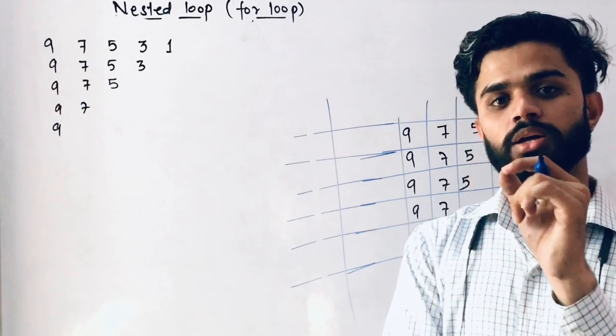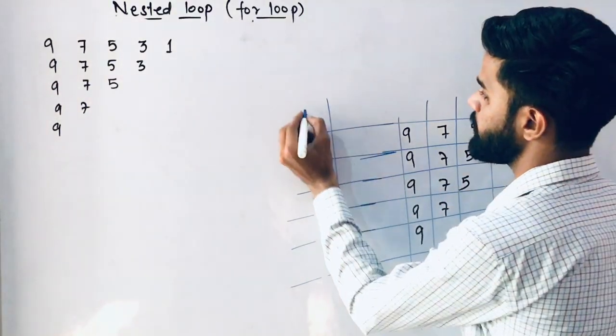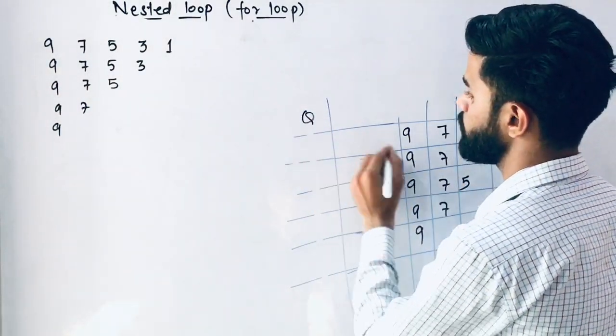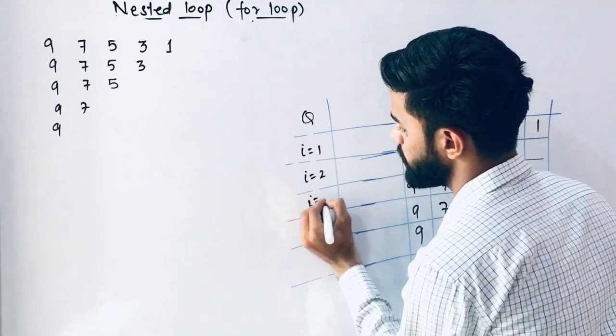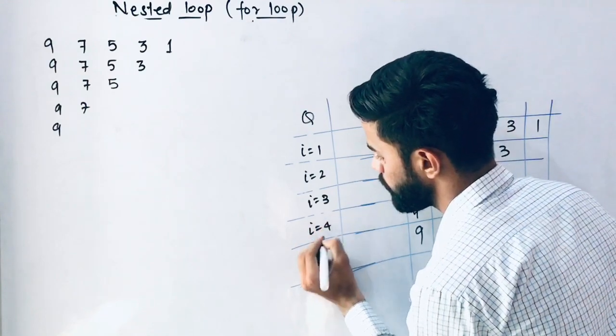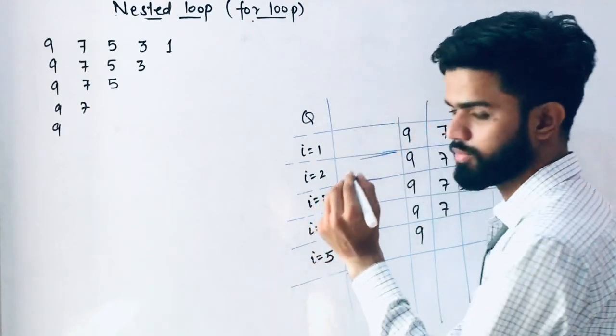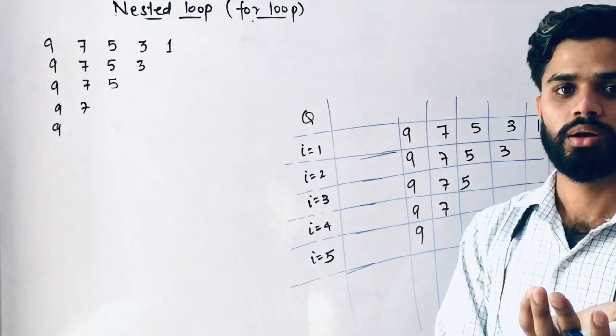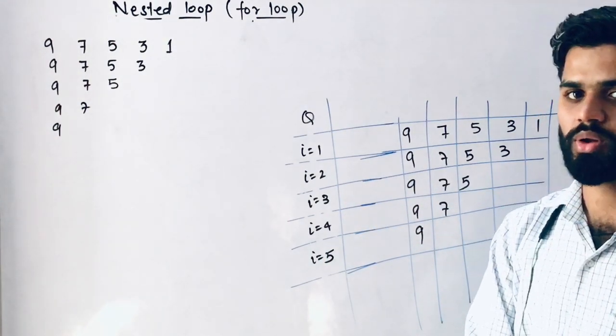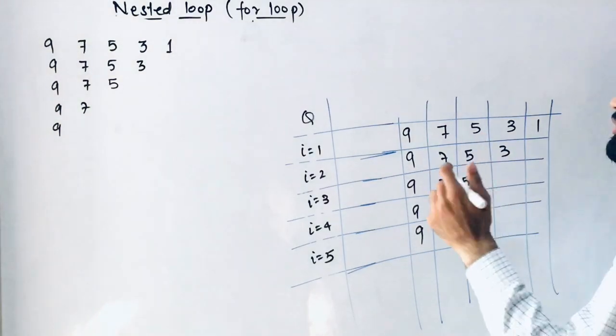Clear? So the outer loop runs with i equal to 1, i equal to 2, i equal to 3, i equal to 4, i equal to 5. Now the inner loop.